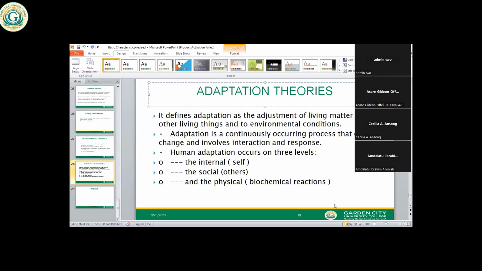And then we have the physical adaptation, and this has to do with biochemical reactions. So theories that bring about how best an individual is able to adapt to other living things or other human beings, and then the other environmental conditions are theories that we can classify under adaptation theories. So please, these are the theories under philosophical underpinnings.